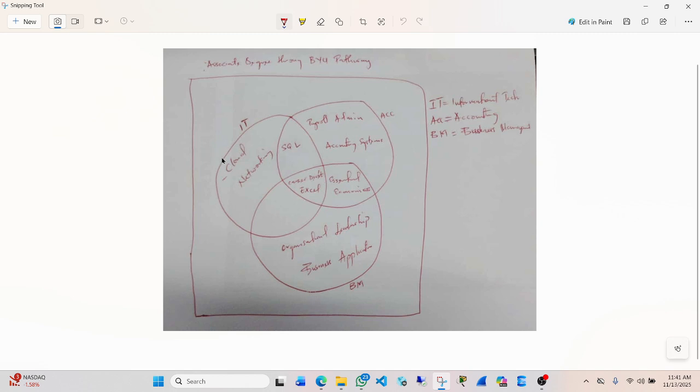Using IT left join accounting, we are going to keep everything that overlaps. So it will be SQL, career development, and Excel. Everything that overlaps.